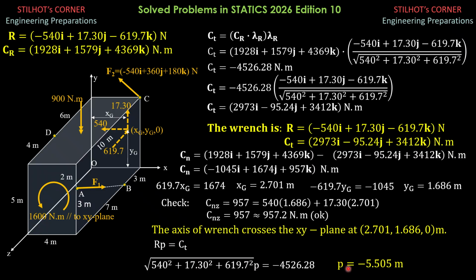The meaning of this negative sign is that while we twist the screwdriver or the wrench, it will not advance forward but rather in the opposite direction. So that's the meaning of that negative value.